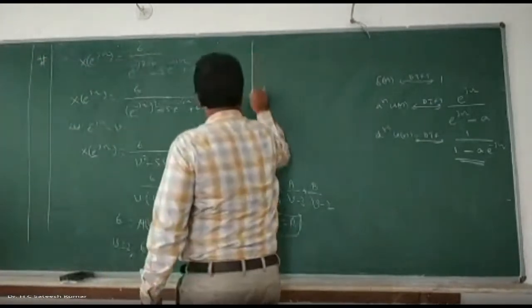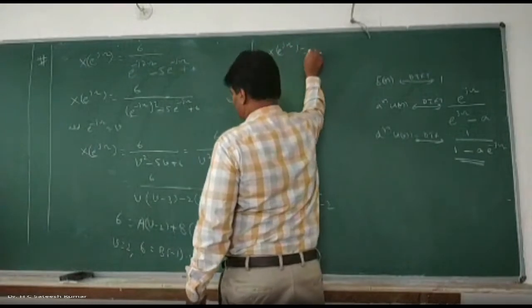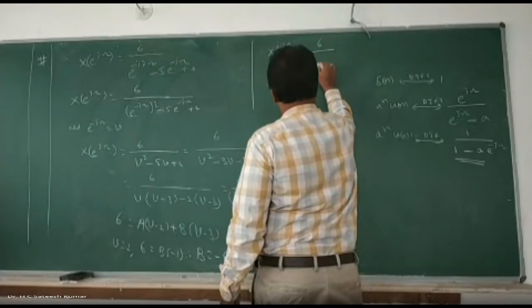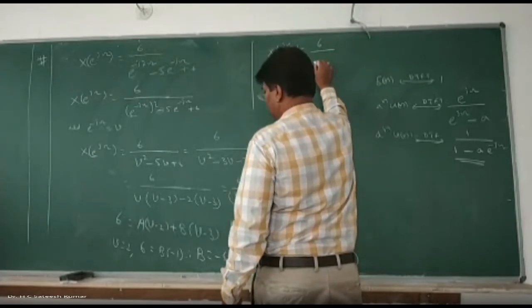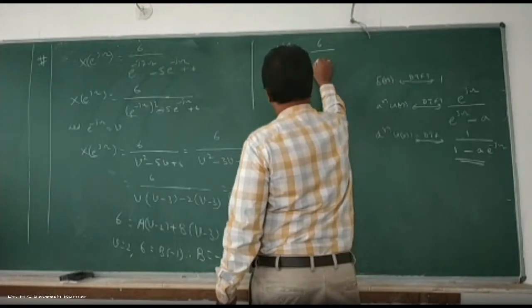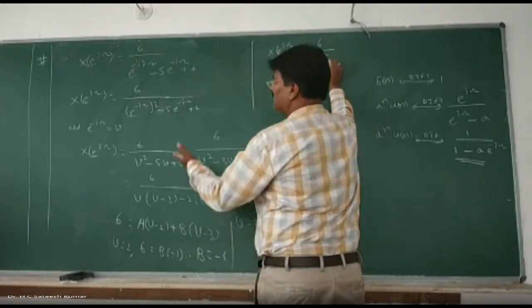So therefore, X of e to the power of j omega is equal to A, 6 divided by v minus 3, v is e to the power of minus j omega, no?